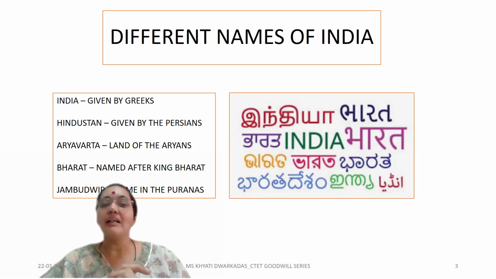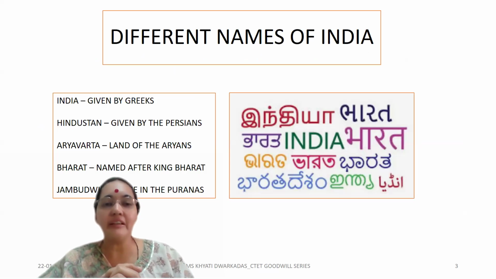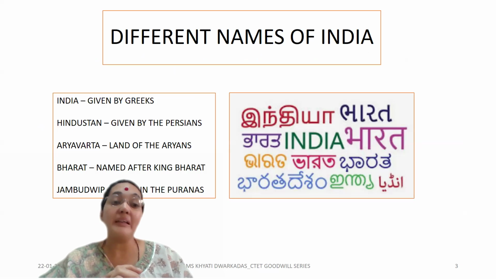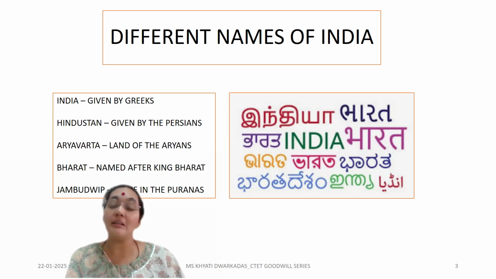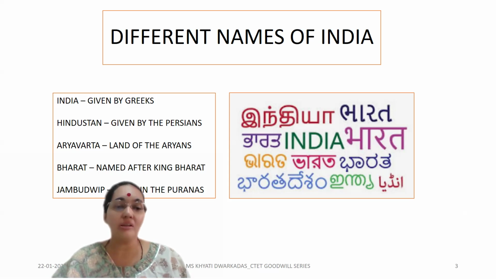Now, India has been known by different names over different periods. This term India has been given by the Greeks. And we know that Megasthenes in his work Indica has given us this name India. The word Hindustan has been given to us by the Persians. Aryavarta, or the land of the Aryans, as we know this word comes from.